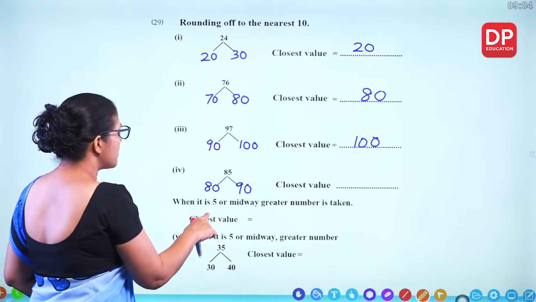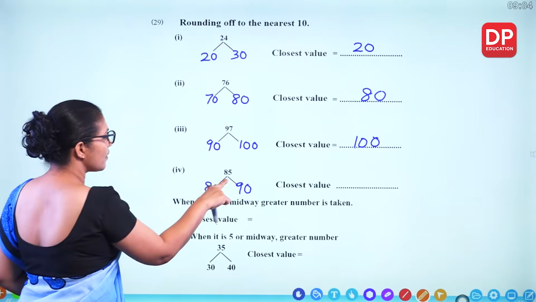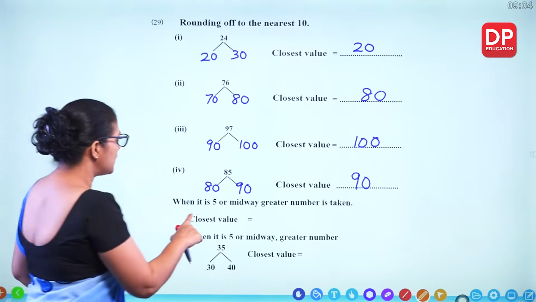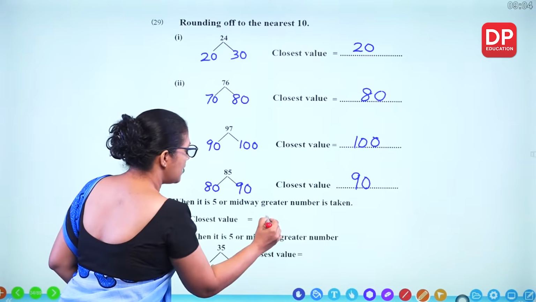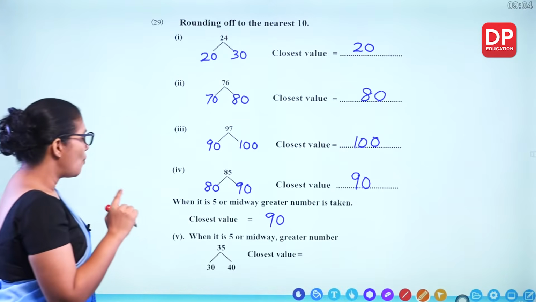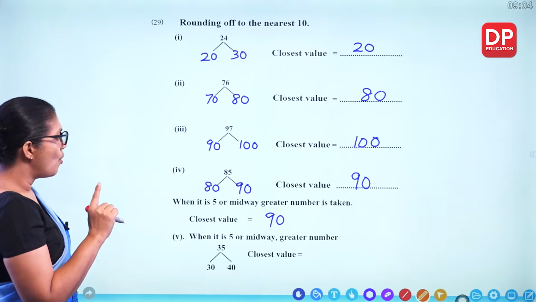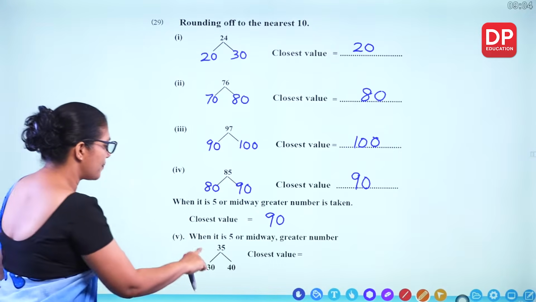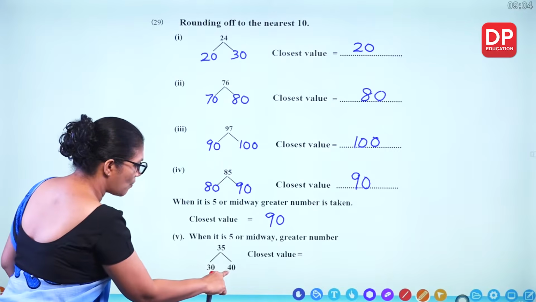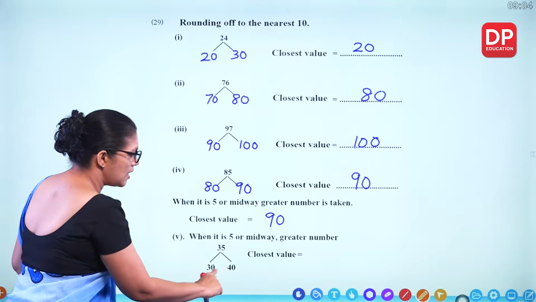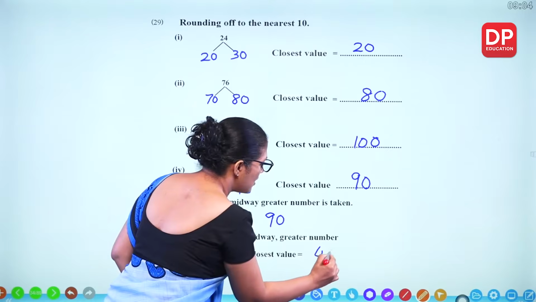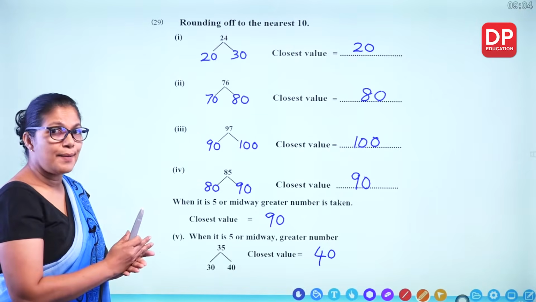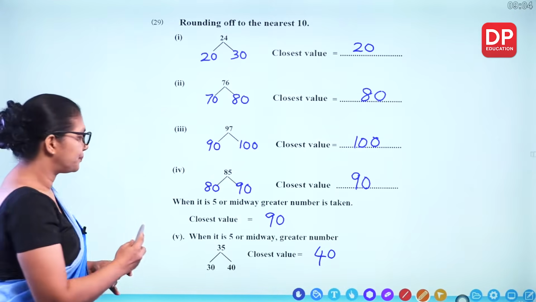So the larger one is the closest, so we take 90. When it is 5 or midway, we always take the greater one. So for 35, between 30 and 40, take 40 as the closest value. So when it is midway, take the highest value.